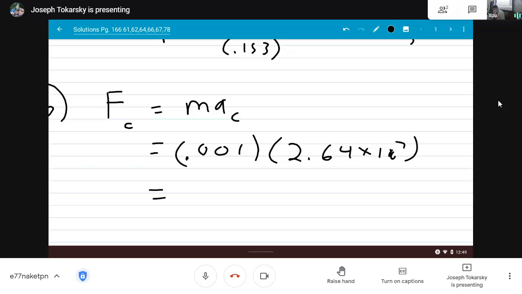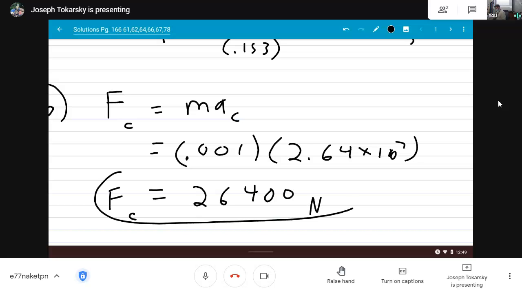Since it's a small mass, the force will make the number a little smaller than the acceleration, but it's still a fairly large number for a force. So 2.67 e to the 7th times 0.001. So you would get about 26,400, a little bit over 26,000 newtons.